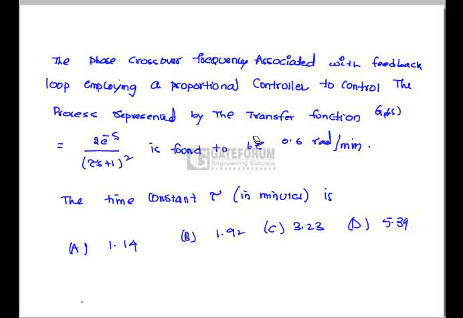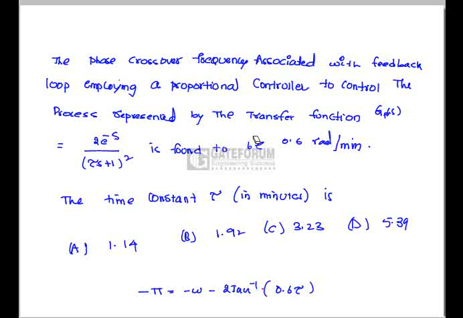Phase crossover frequency is nothing but the frequency where the phase function of a given network attains pi radians, that is minus 180 degrees. So minus pi equals the phase function, minus omega minus 2 tan inverse of 0.6 tau.